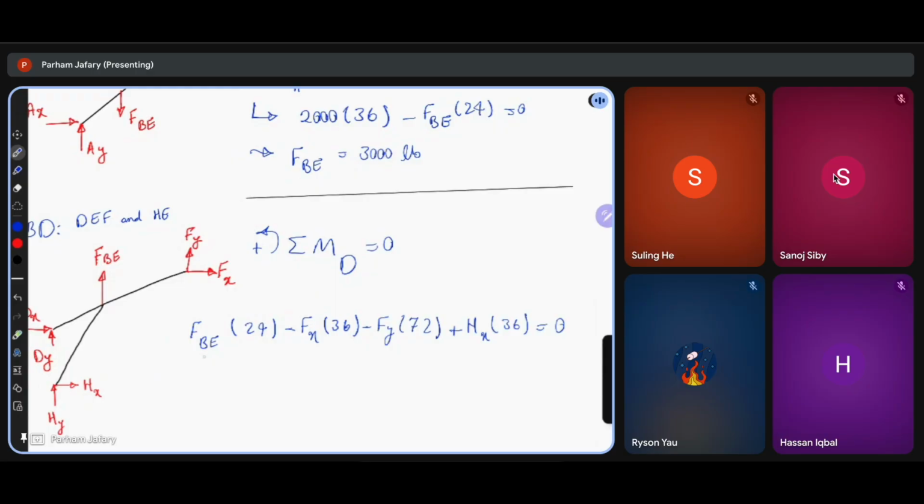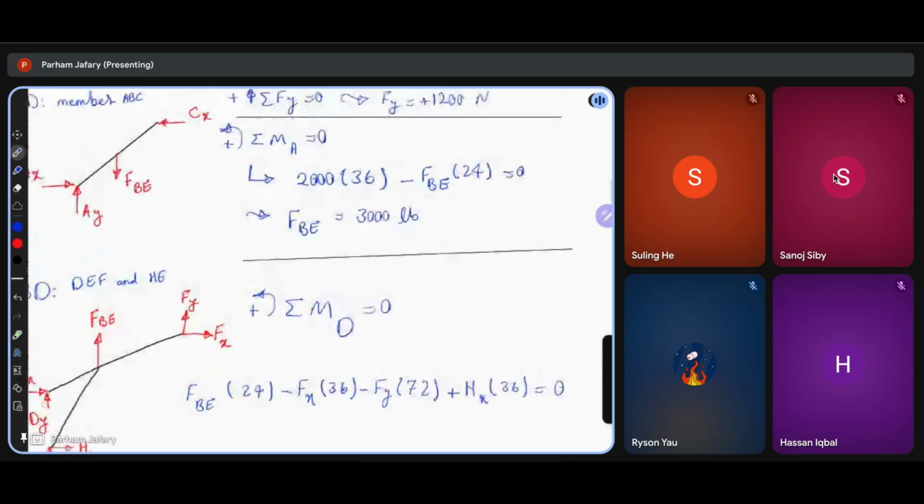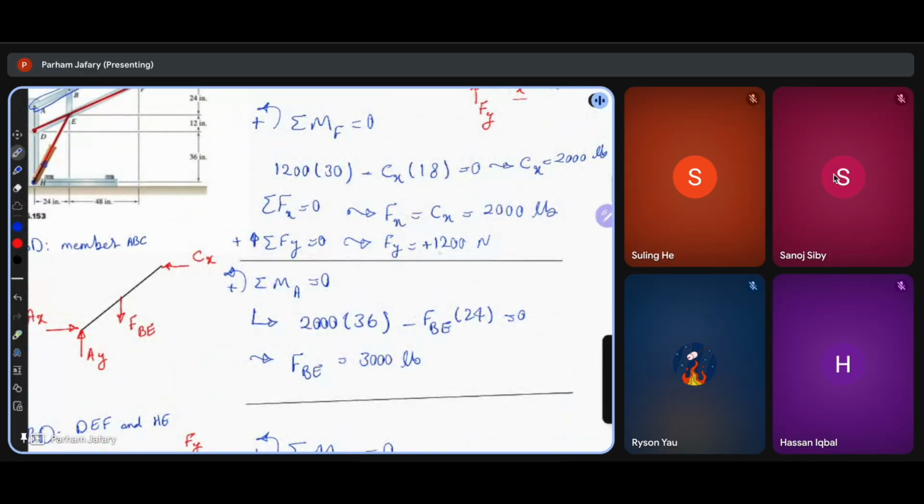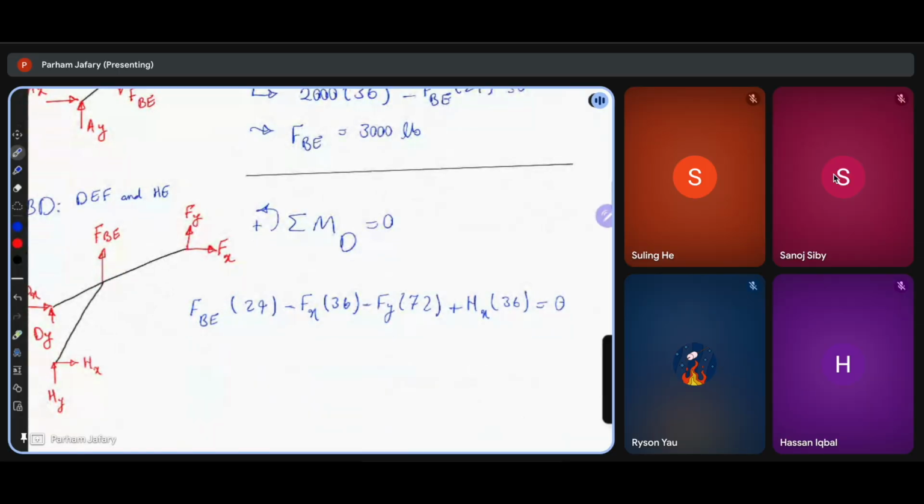Because I have all of them, F of BE, F of x, and F of y, we have already calculated them: 3,000, 1,200, and 2,000. So we can easily calculate Hx to be 2,400 pounds.